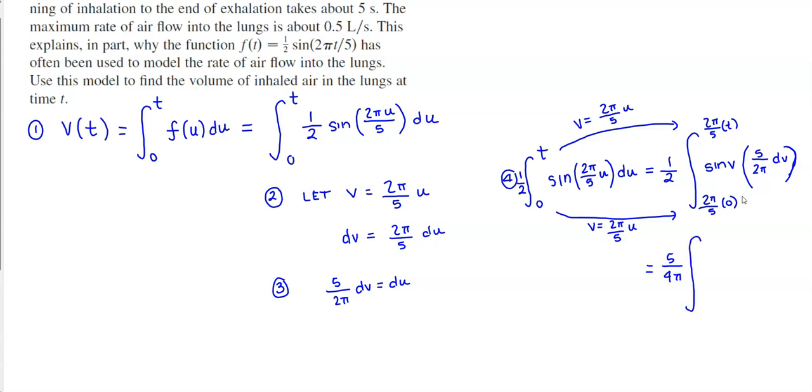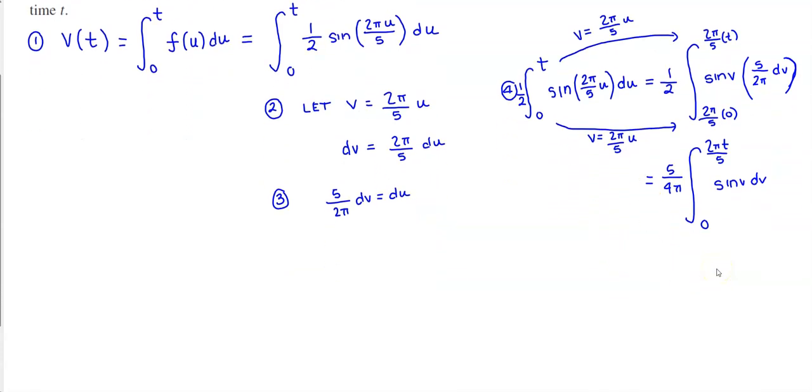We have a lower bound of 2 pi over 5 times 0, which is 0, and our upper bound is going to be 2 pi t over 5. And then we're integrating the sine of v dv.